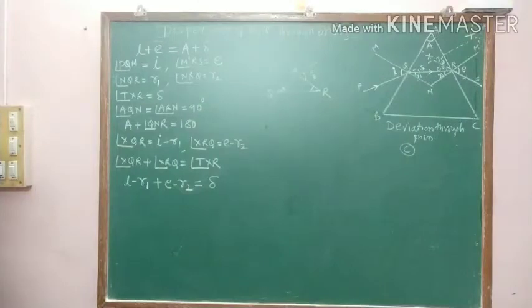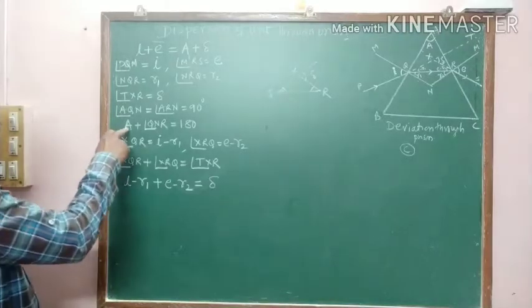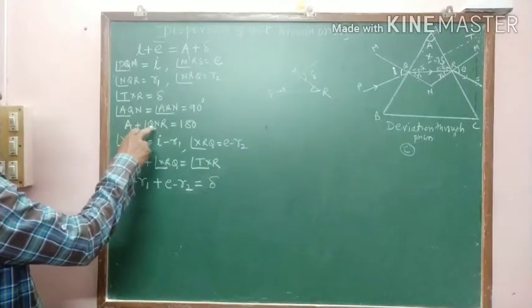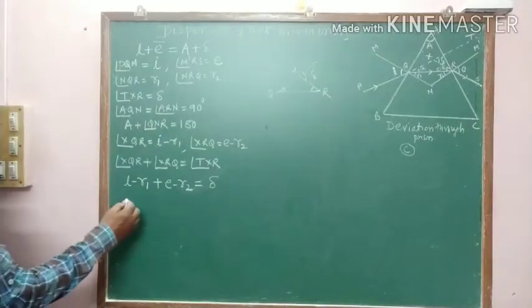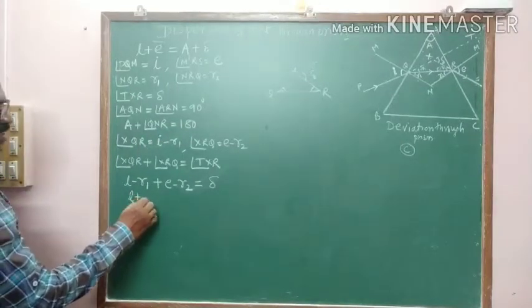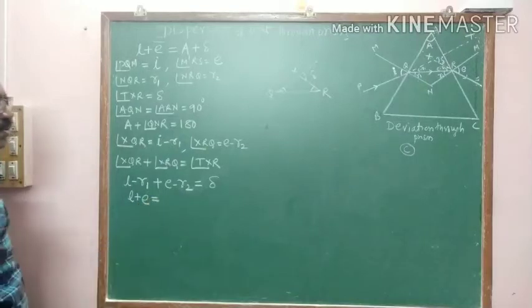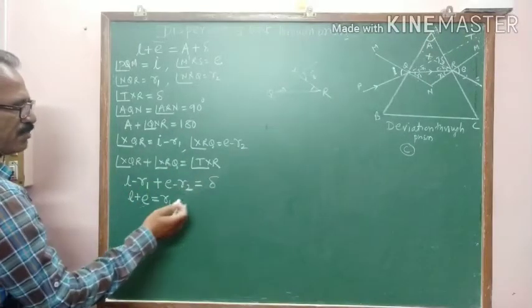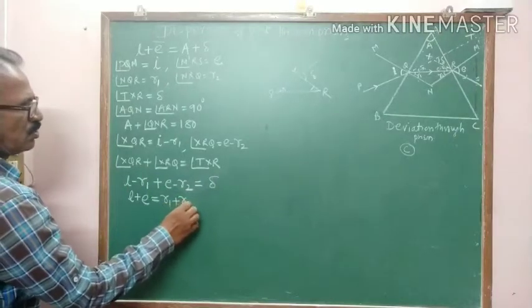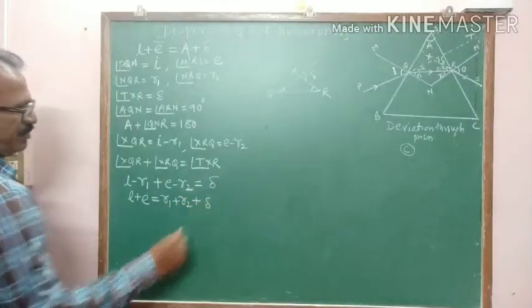Now from A plus angle QNR equal to 180, we can write i plus e is equal to r1 plus r2 plus delta.